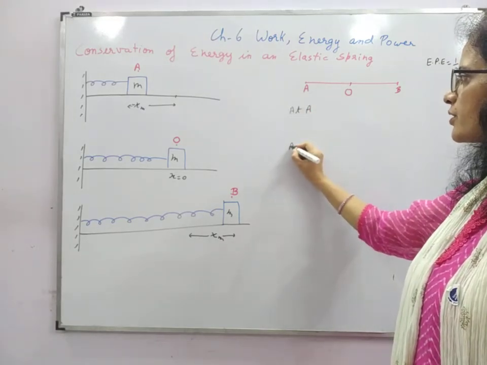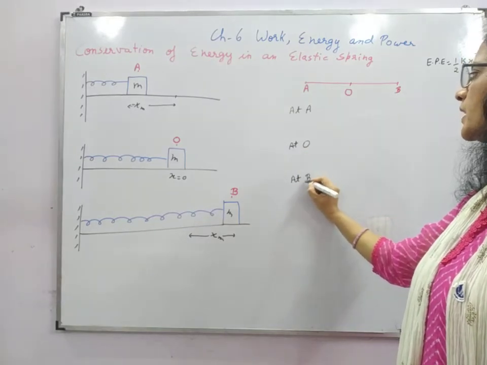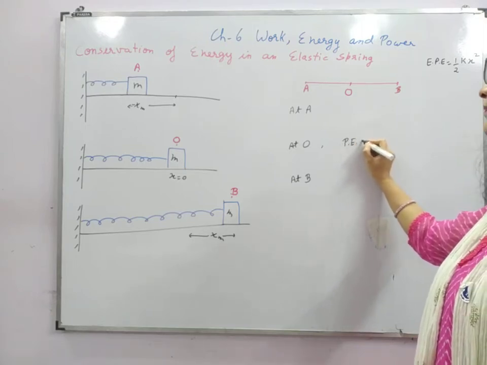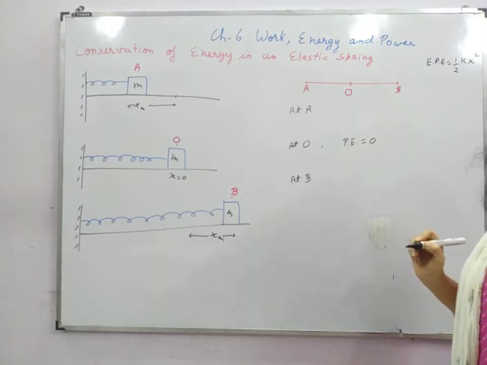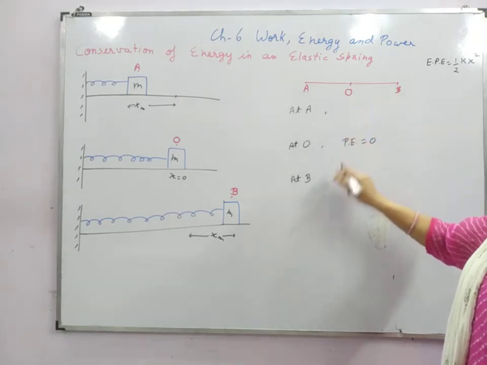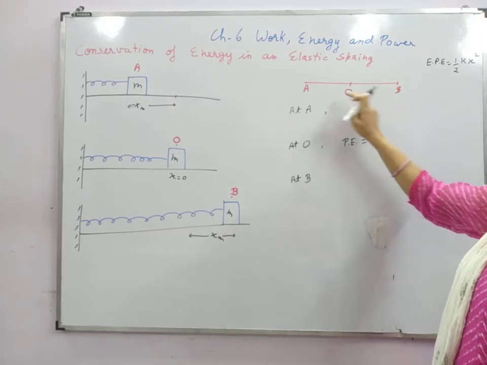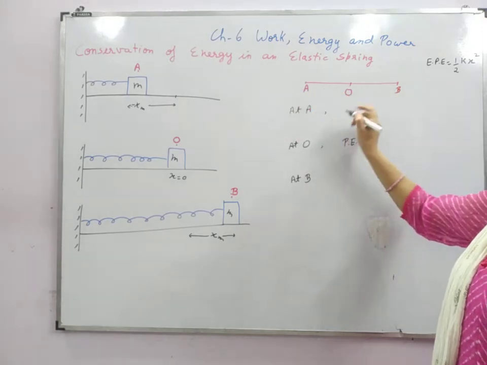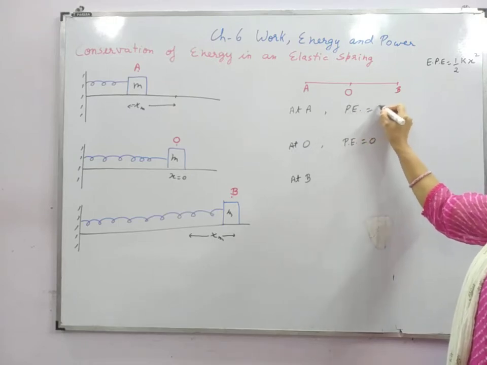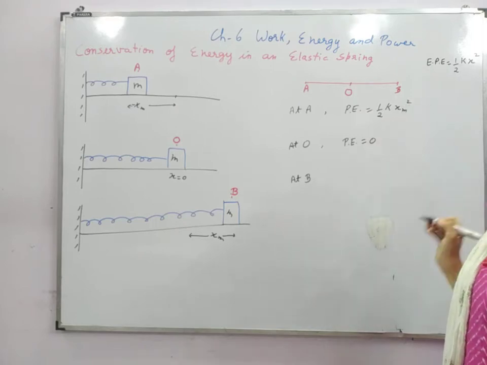So if this extension is 0, then at O the potential energy is 0. But at A and B, the potential energy will be maximum because this is the maximum extended position, and this is also a maximum extended position. So the magnitude of the potential energy will be half k xm square.